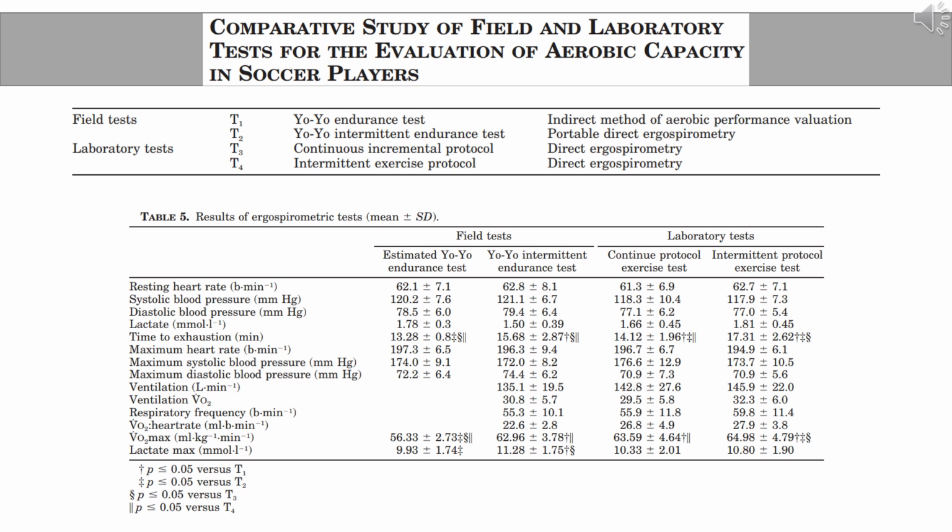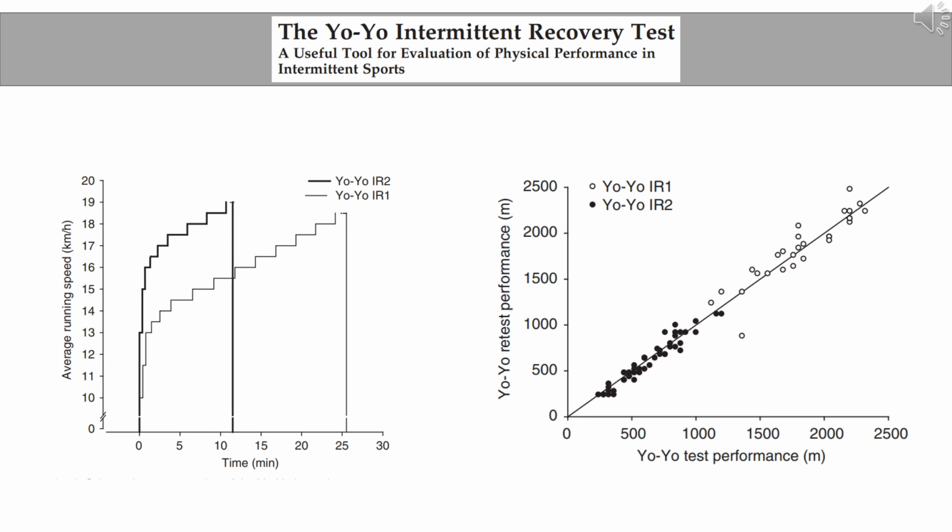So the only question that remains really is, if it's better from a time perspective, there's less load being put through the players, and those results are better reflected against the laboratory-based methods, then why wouldn't we use that version? And we'll spend the next few slides discussing some of this in greater detail.